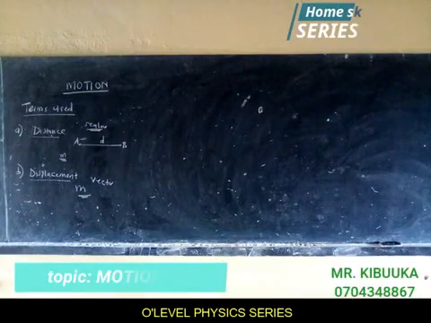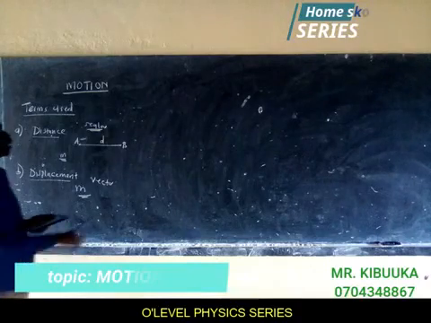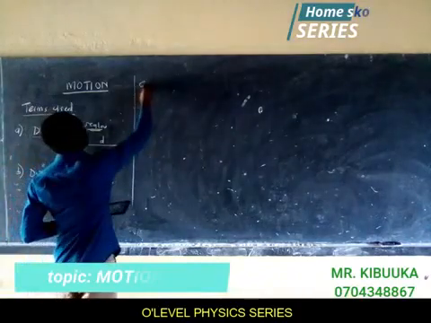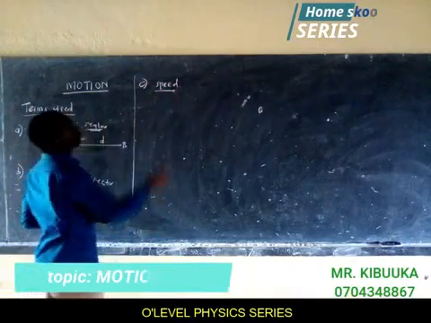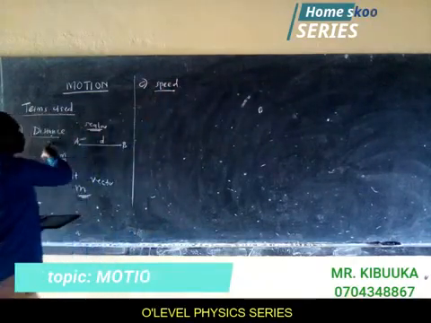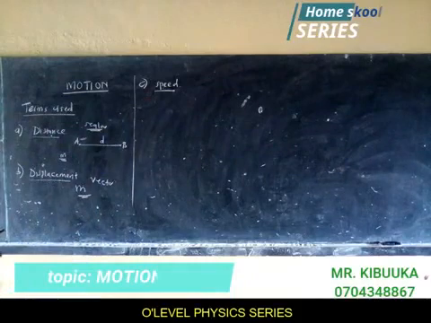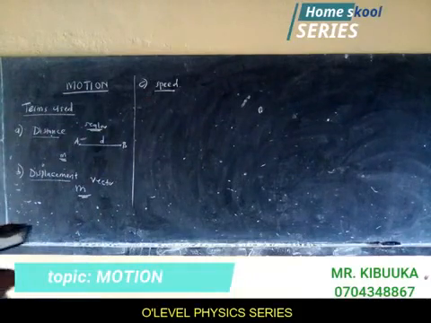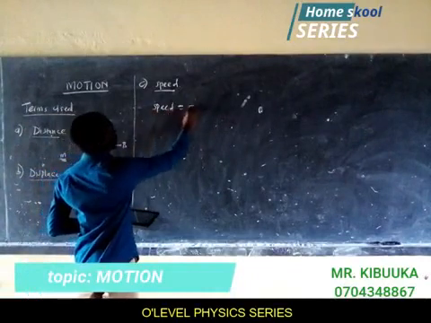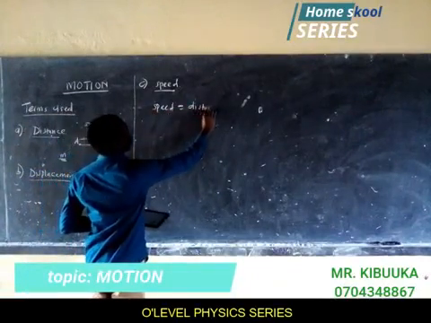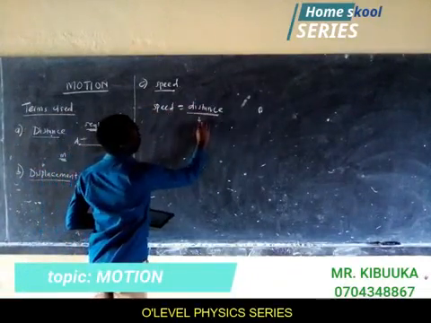And then our next term under motion is speed. Now, speed correlates with distance. Speed is the rate of change of distance. In other words, speed is equal to distance divided by time.